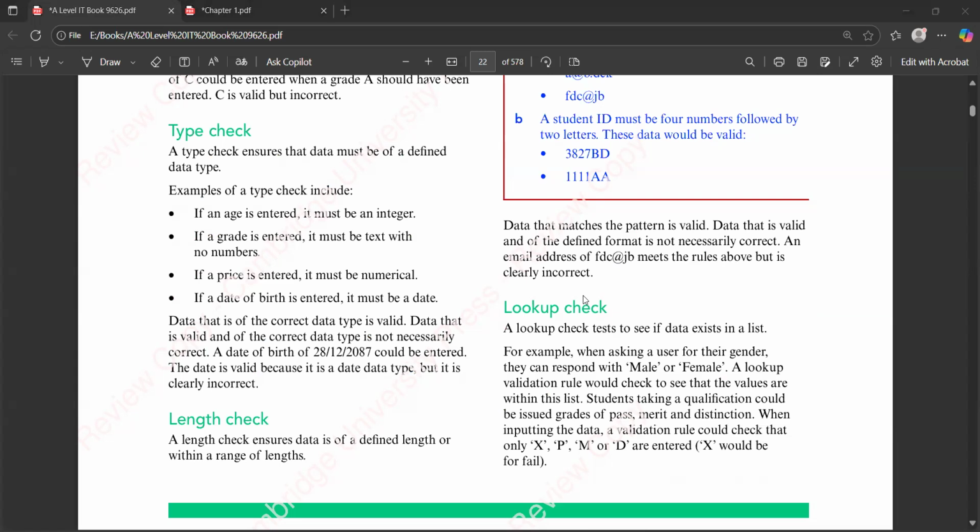It says that data that is being entered must be of a defined data type, right? For example, what is your age? If I say your age is Abdullah, does it make any sense? No. If I say your age is 15, does it make sense? Yes. Why?